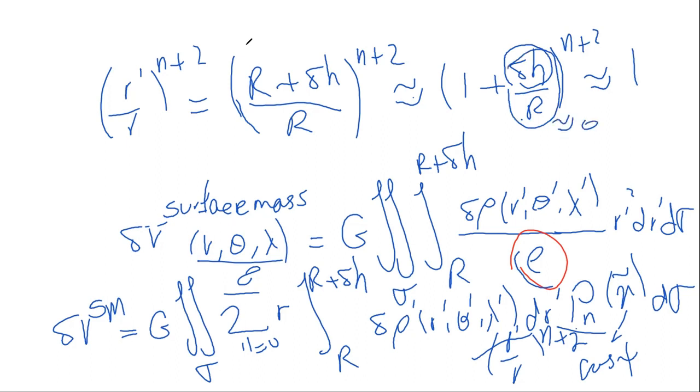Then I can ignore this term, or I can put 1 instead. So in that case, I can write the whole equation like this.